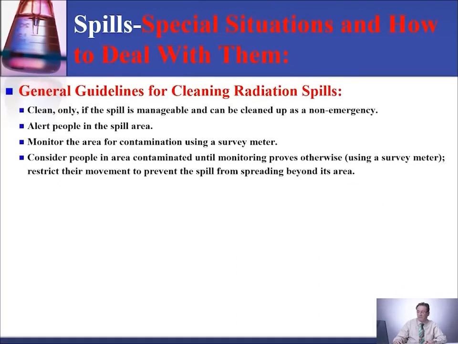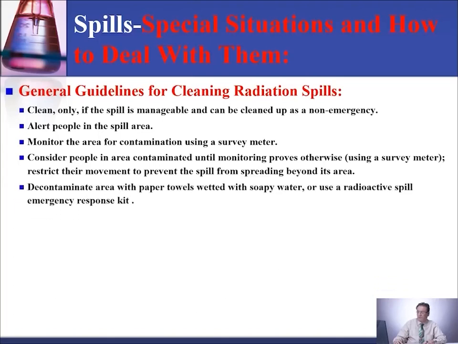Monitor the area for contamination using a survey meter, and if you don't have one, you can call radiation safety to bring their own. Consider people in the area contaminated until monitoring proves otherwise. Restrict their movement to prevent the spill from spreading beyond its area.